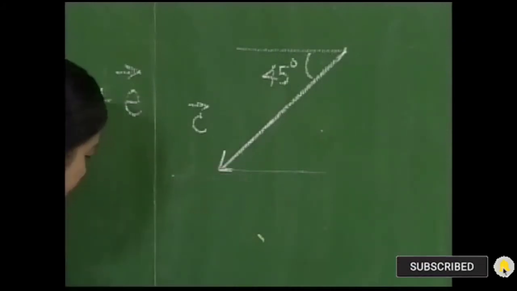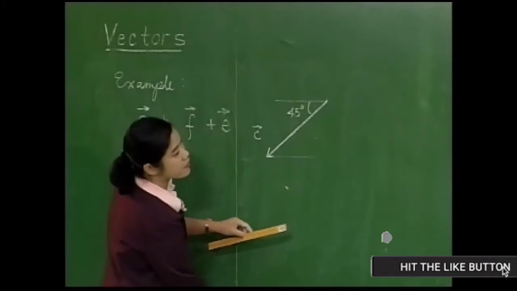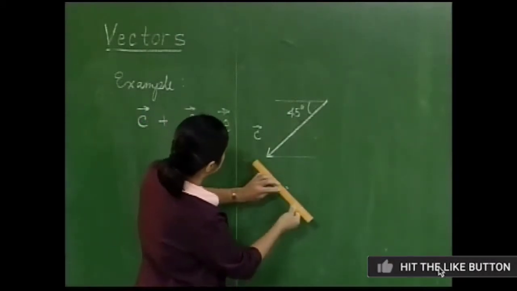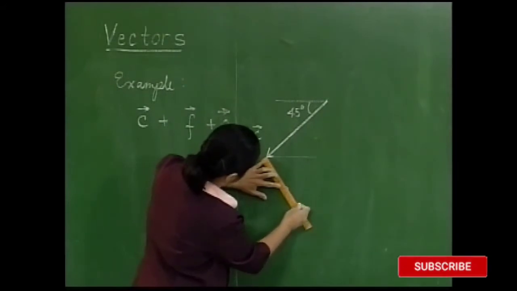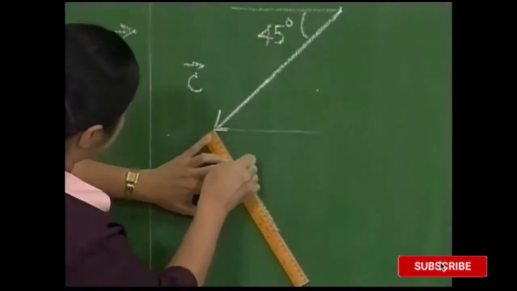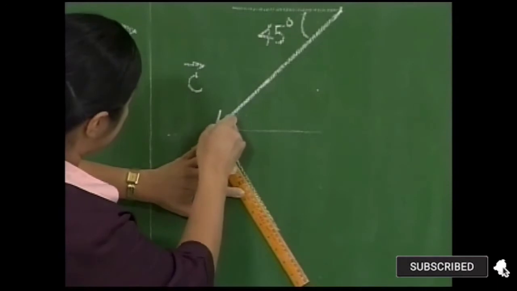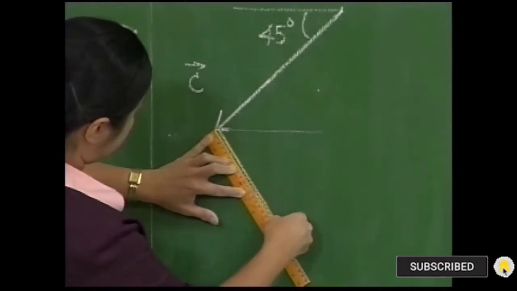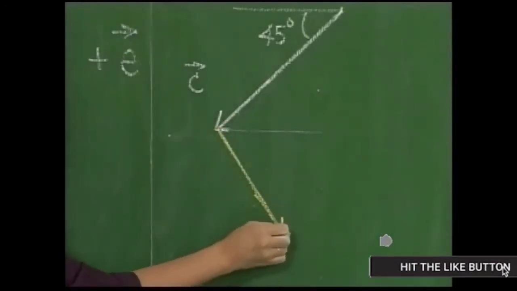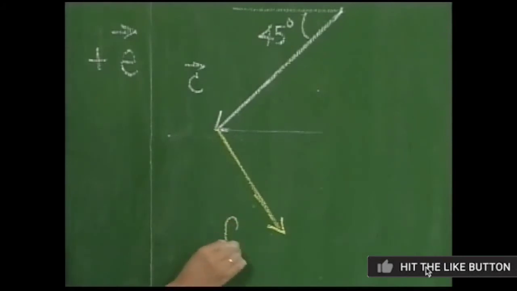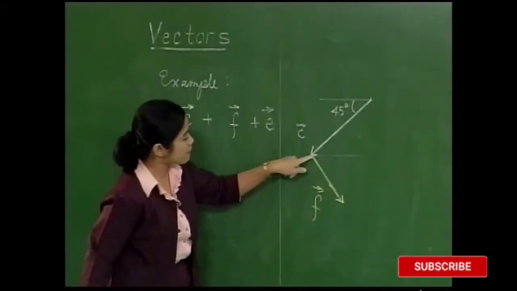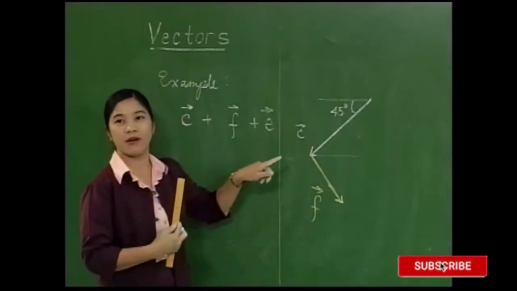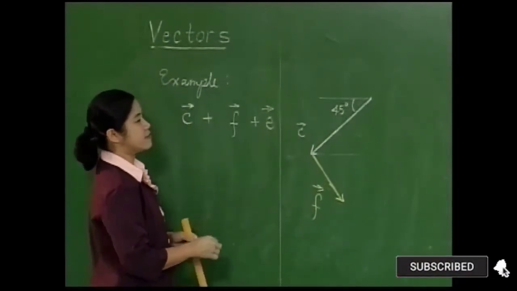It's here. And the length for vector F is 20 centimeters. Okay. This is my vector F. Again, we have followed the direction. The tail of F should connect to the tip of the first vector.